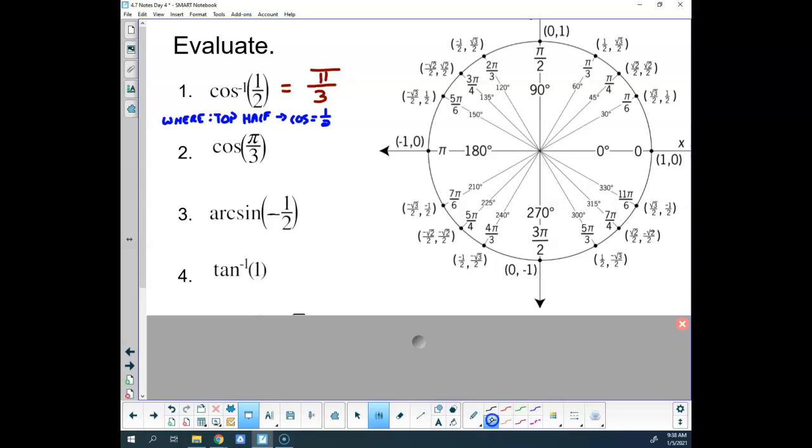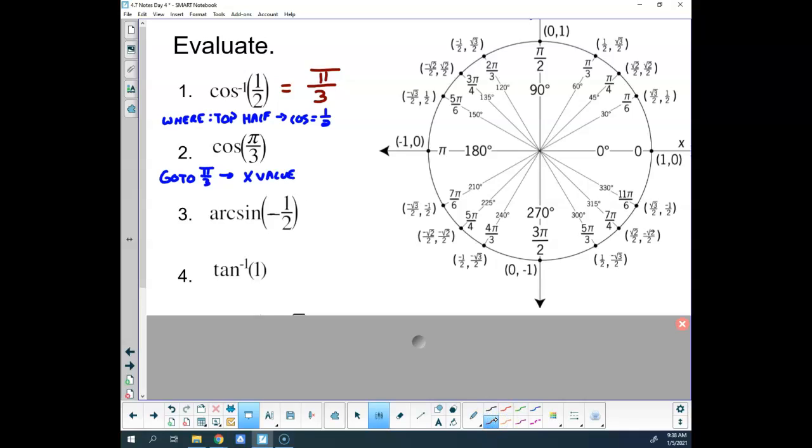Now the difference between number 1 and number 2 is I go to pi over 3 in this one because it's not inverse, and I give the x value.